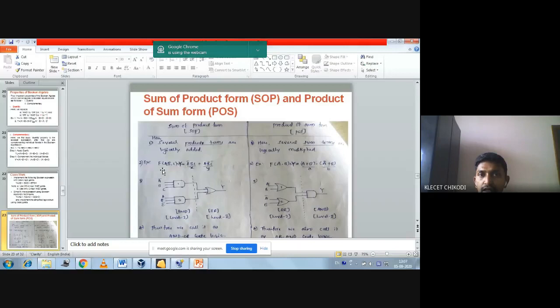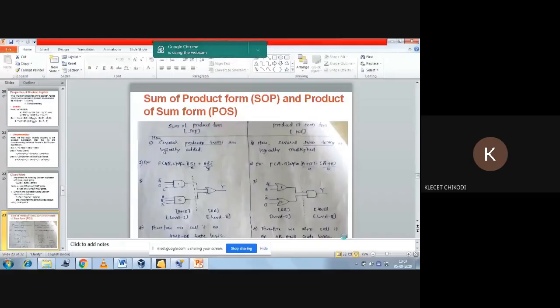Okay, sum of product form, that is SOP, and product of sum forms. Okay, here you will see that any logical expression or any logical equation, Boolean logic equation, can be represented in terms of sum of product form or product of sum form.